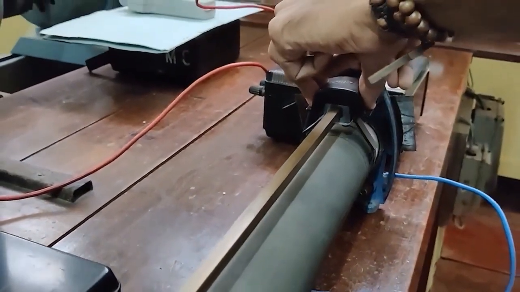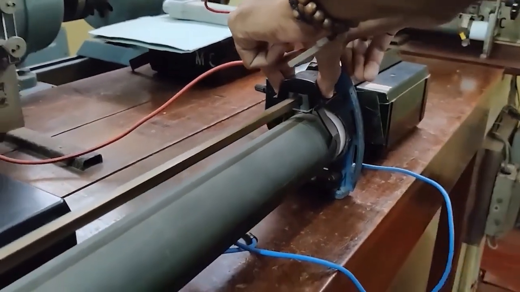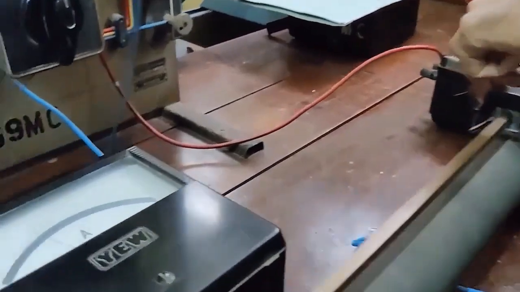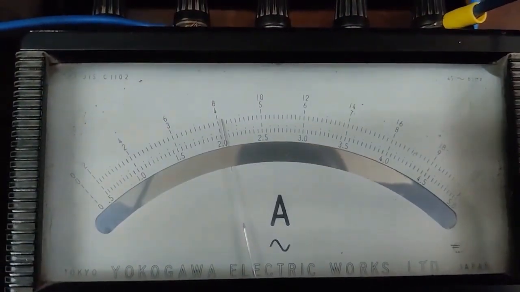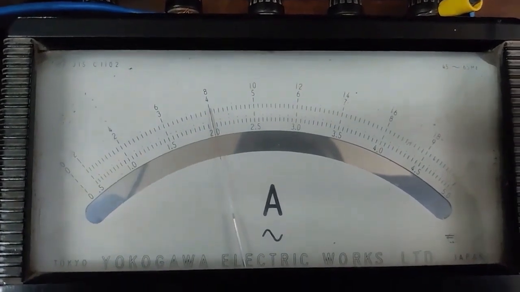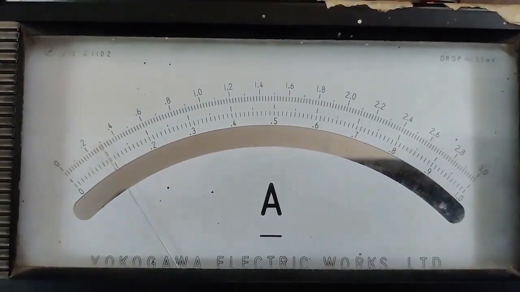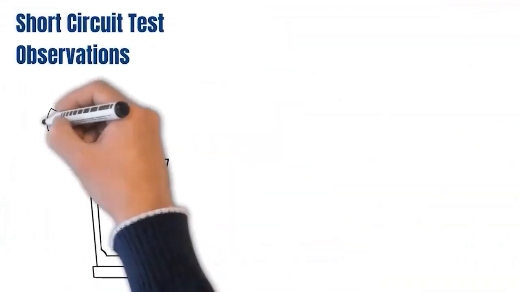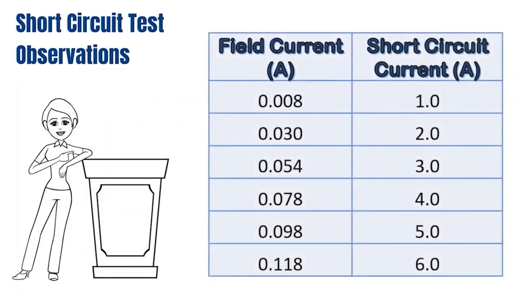Likewise, by changing the resistance, increase the short circuit current 1 ampere at a time and take the readings up to the rated current of the generator. These are the observations obtained from the short circuit test.